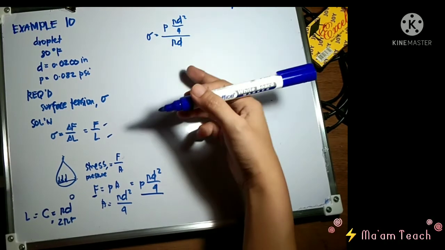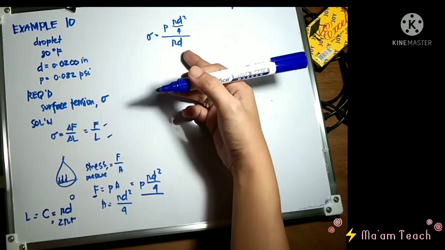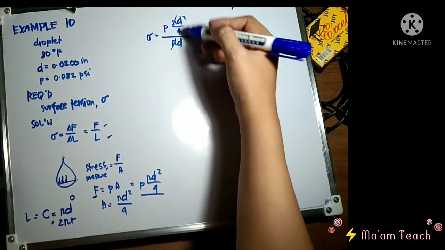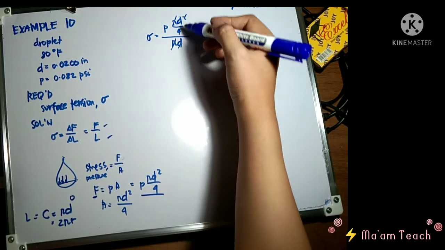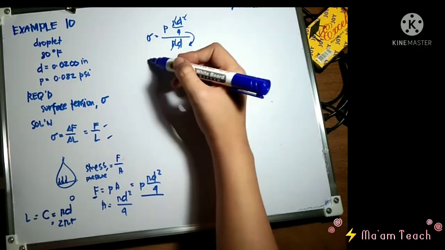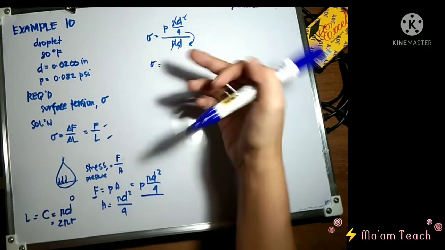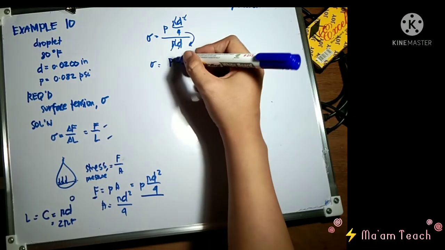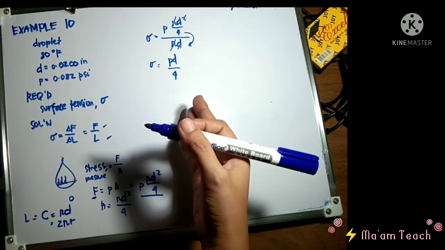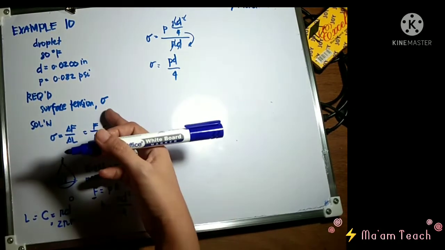What can we cancel out from here? We can cancel pi and one of the d. And the 4 will go down, and we'll have p d all over 4. So this will be our working equation to solve for the surface tension.